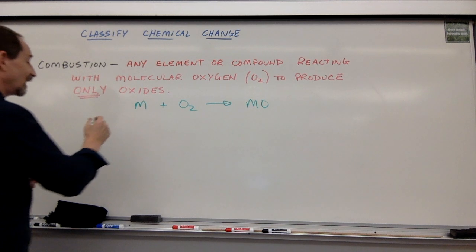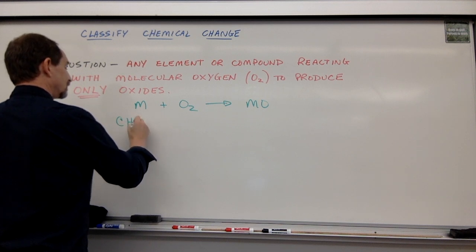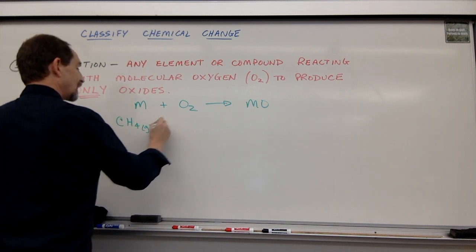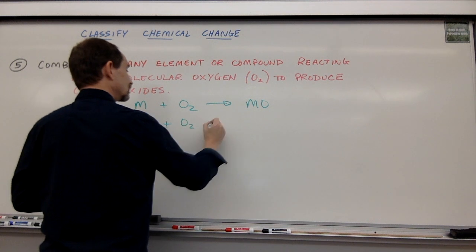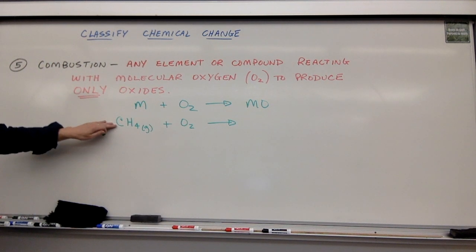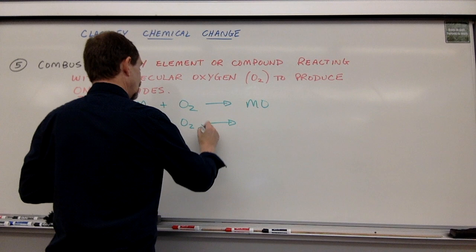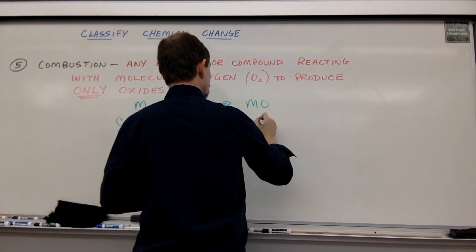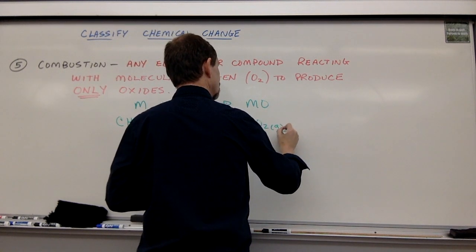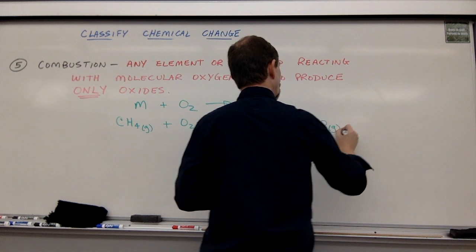I can have a hydrocarbon, such as methane, reacting with O2, and that will give me 2 products, the oxide of carbon and the oxide of hydrogen. My oxide of carbon is carbon dioxide, and the oxide of hydrogen, of course, is simply water.